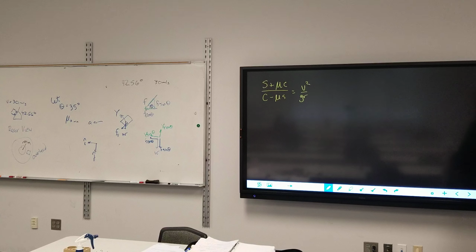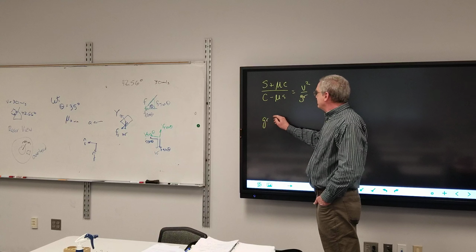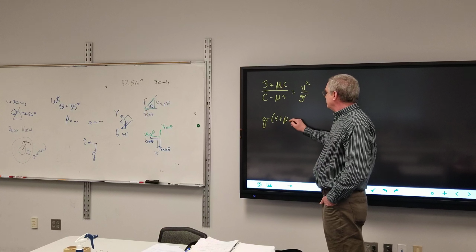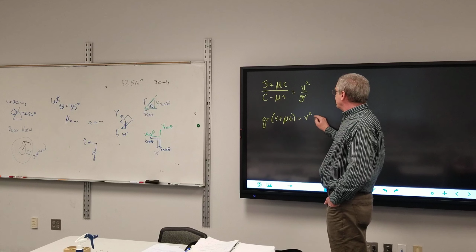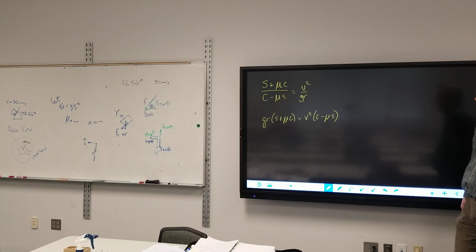Two fractions equal to each other, what can you do? Somebody said it. Yeah, let's cross multiply. So I have gr times s plus mu c is equal to v squared times c minus mu s. Now what can we do?